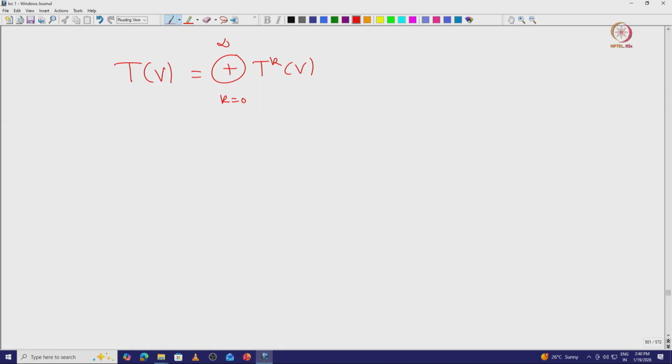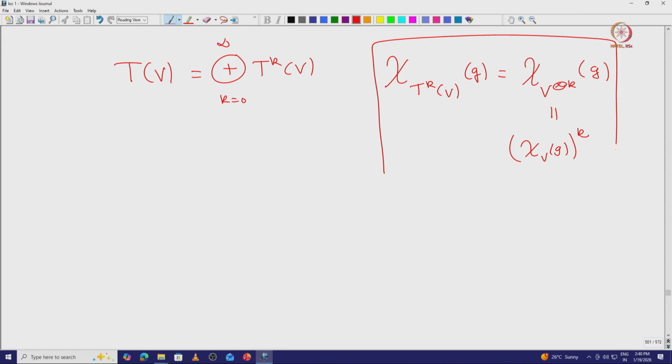We have already seen that the character of T^k V applied on g is just the character of the k-fold tensor product on capital V of g. This we already computed: it is exactly equal to the character value raised to the power k.